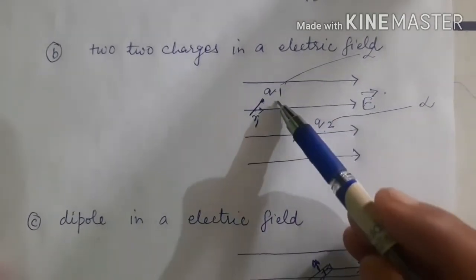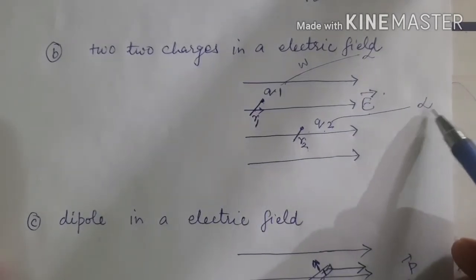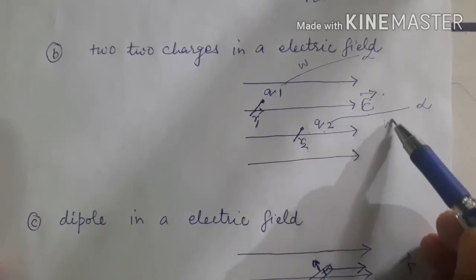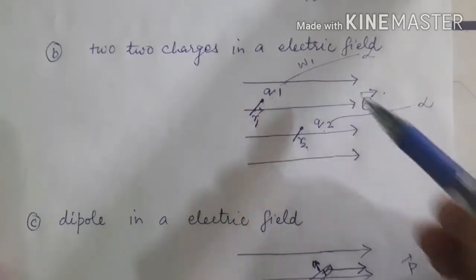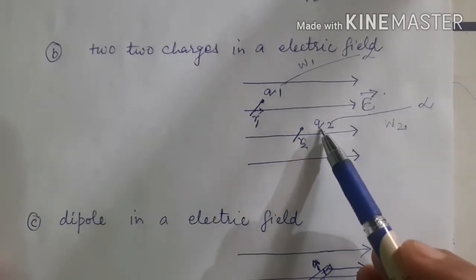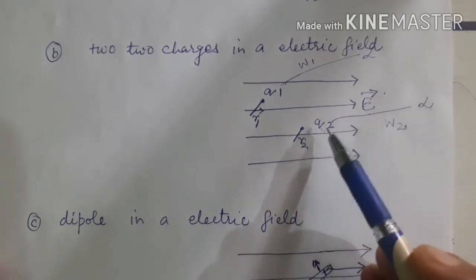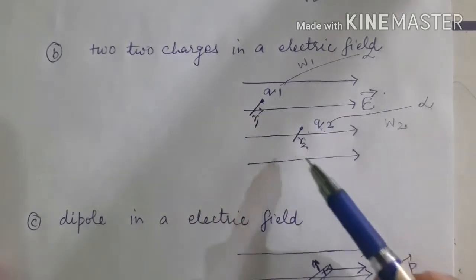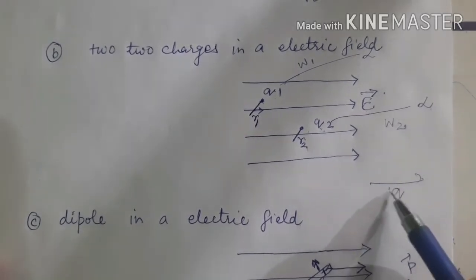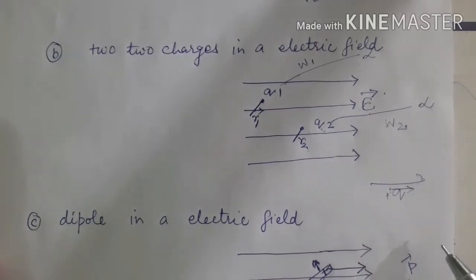Similarly, we will calculate the work done. Second, we bring this charged particle Q2 from infinity to this position, and that is work done W2. This is your W1 and this is your W2. Now, when I am bringing this charged particle Q2, we have to do work against this electric field as well as this charge, because we know that when a positive charge is placed in an electric field, it will move automatically along the direction of the electric field.